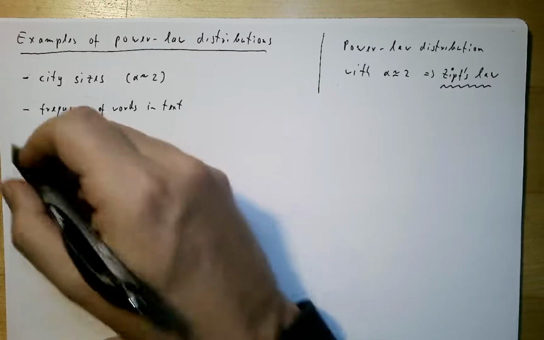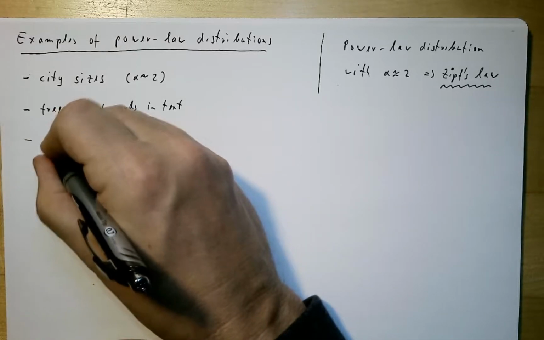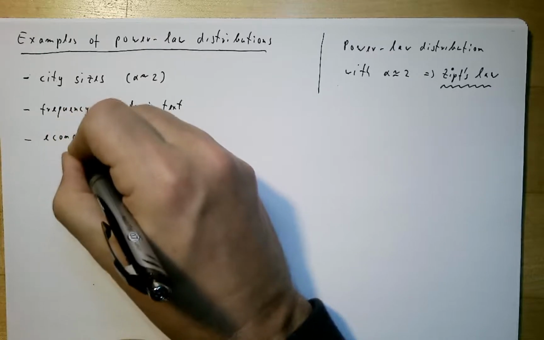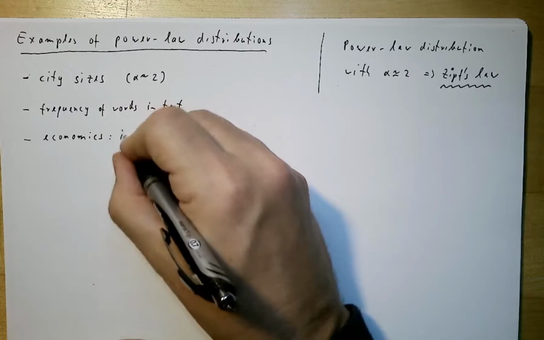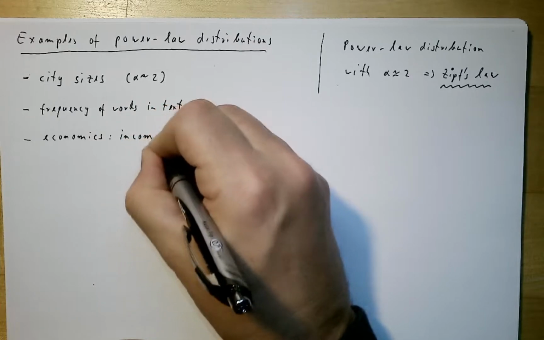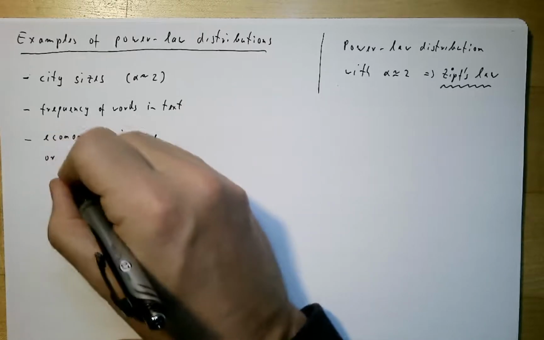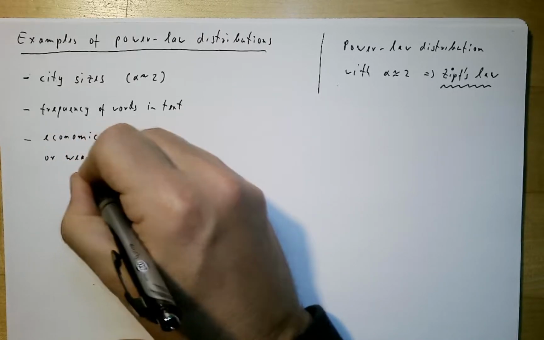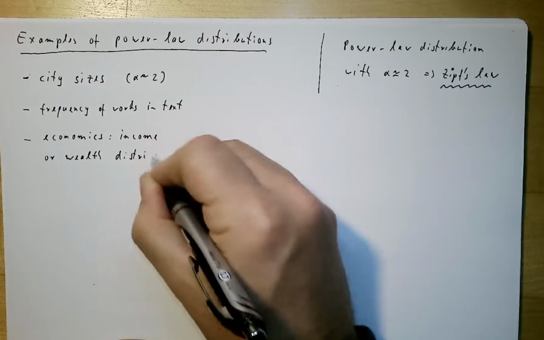Or you could look at economics. You could look at the income distribution. Or you could take the wealth distribution.